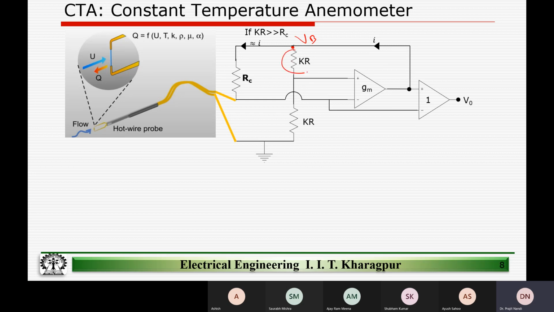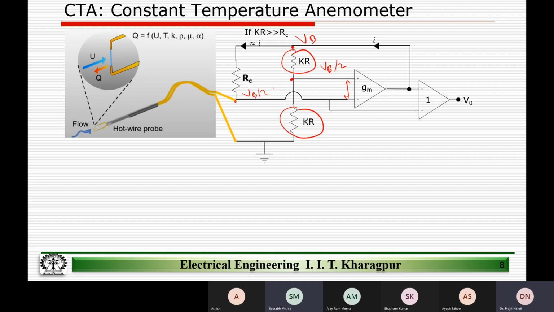And we have two resistors which are equal. These are large value resistors. So what will be this voltage? VB by 2, right? And because of the virtual short from the amplifier, this node also will be VB by 2, yes or no?